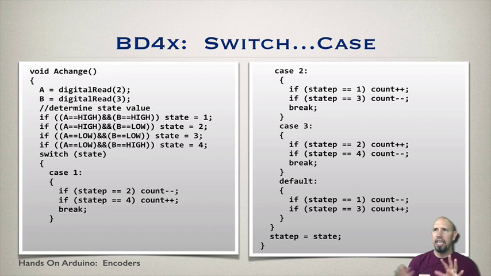Again, the B change interrupt service routine is exactly the same as the A change interrupt service routine. You can plug this code in and it'll work. It'll actually keep track of the counts. I could show you, but it's kind of boring to look at. One of the things that's important is, if you turn it to a certain point and you stop, it'll stay at that value.